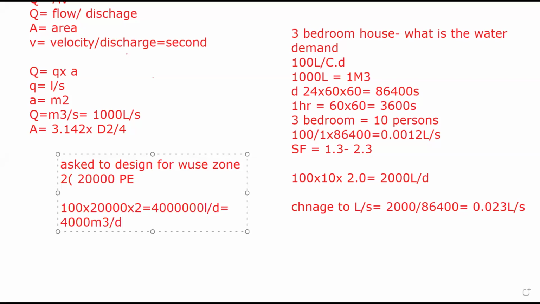If I now want to use it to design a pipe, I will say 4 million divided by 86,400.